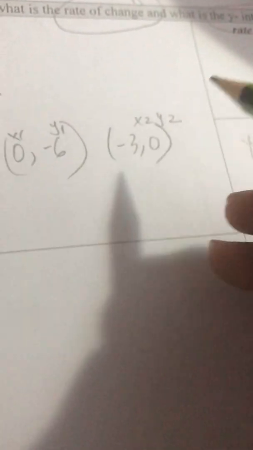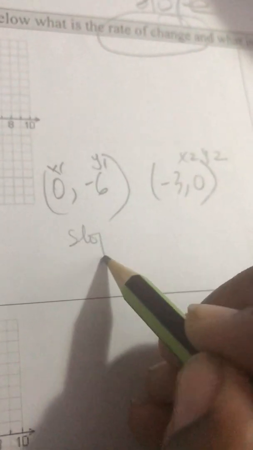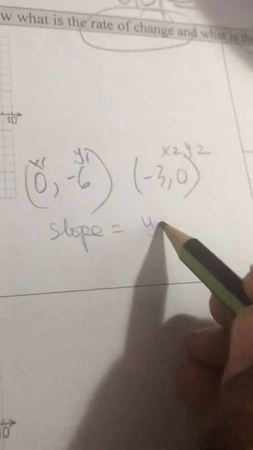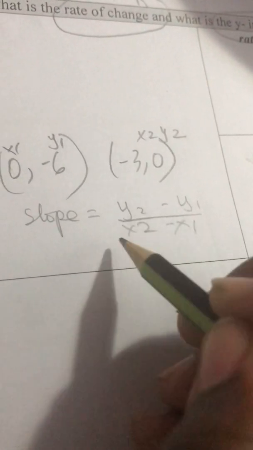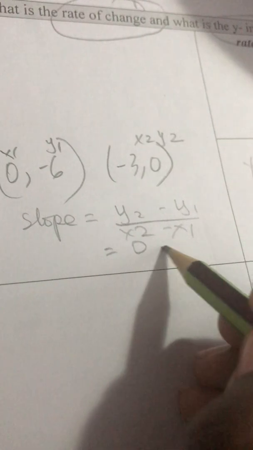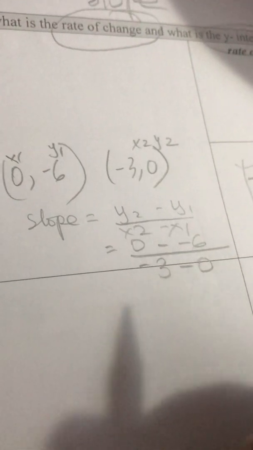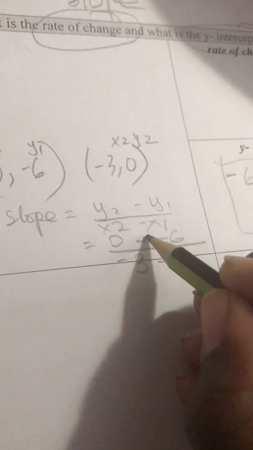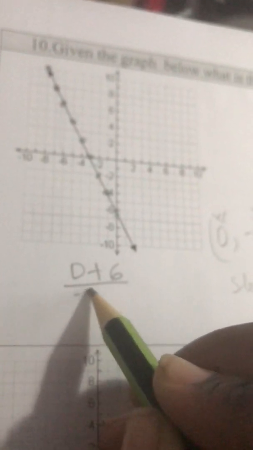So now, this is x1, y1, x2, y2. And you do your slope. Slope equals y2 minus y1 over x2 minus x1. y2 is 0 minus -6 over -3 minus 0. 0 plus, this becomes plus, so that is 0 plus 6, and -3 minus 0.